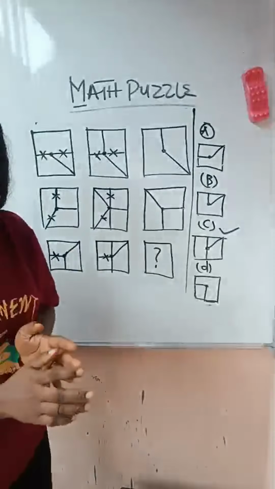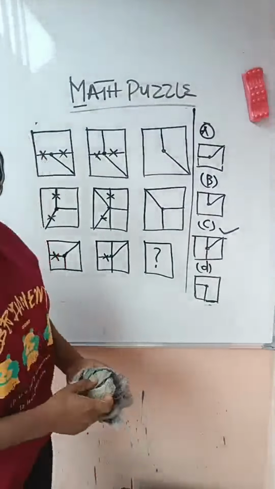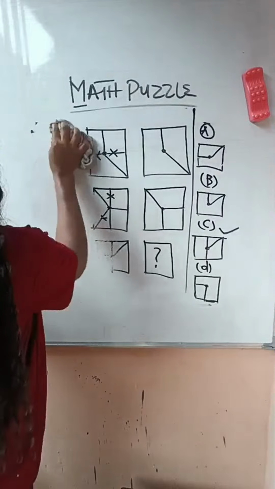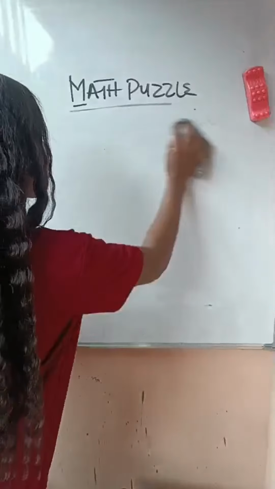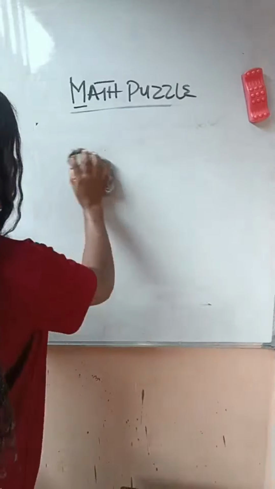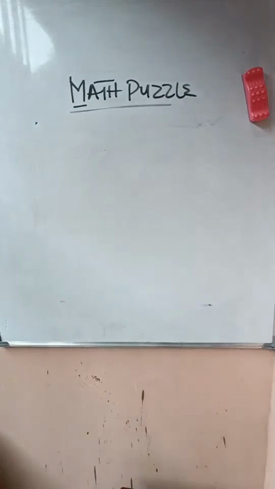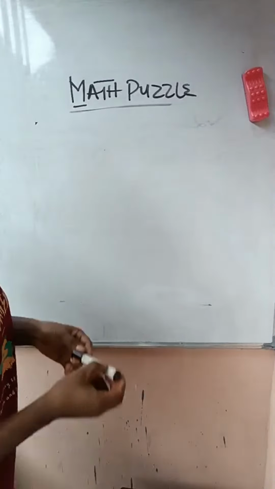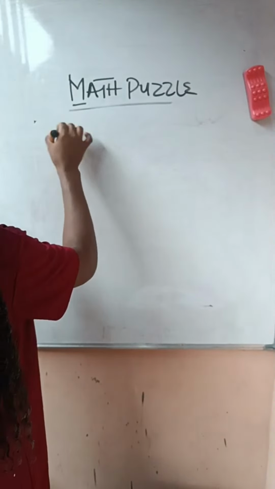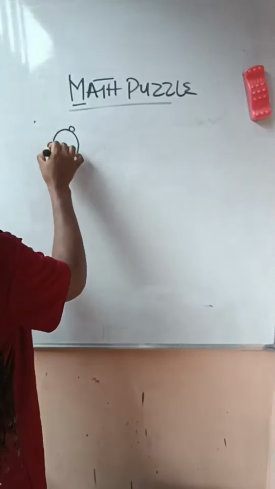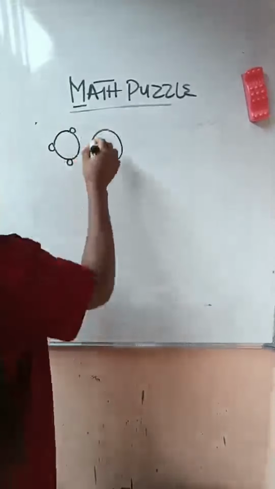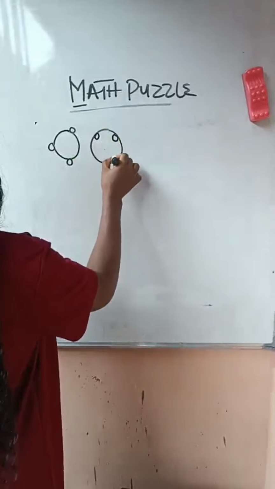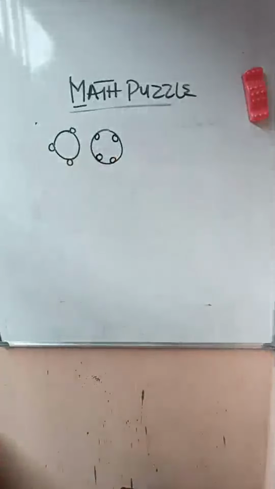Now, let's solve another one. We have another question. Now, this question says, if I have the first circle, and this first circle has 3 circles outside, and I have the second one, this one has 1, 2, 3, 4.